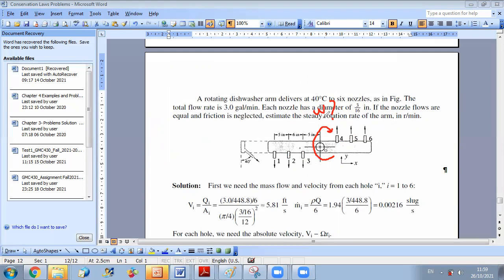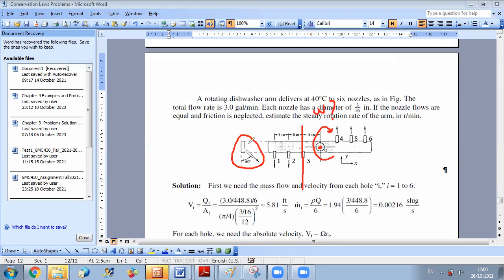Okay, now you have here two views of your system. This is the view in the XY plane, and if I do a cross section like this, if I do a cut, this is what I see. This will give you the direction of your velocity vector. Your velocity vector can be decomposed into two components. One is parallel to the axis of rotation.